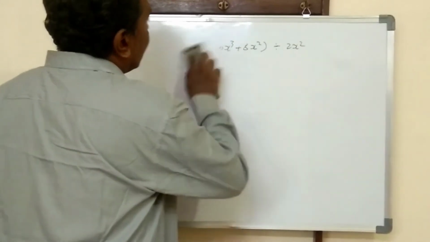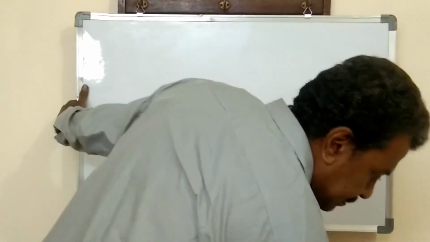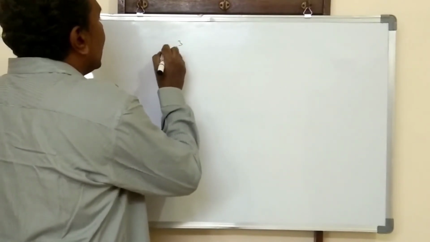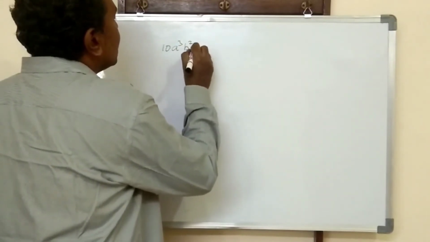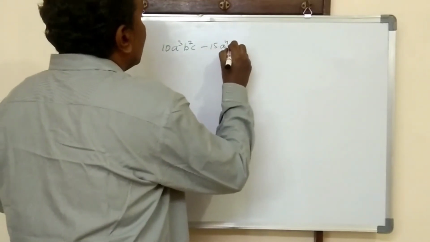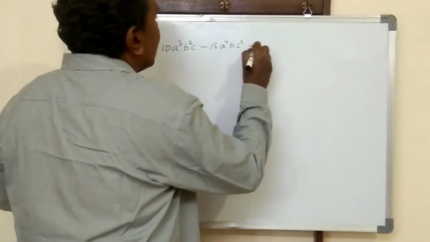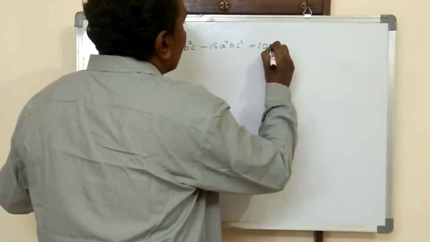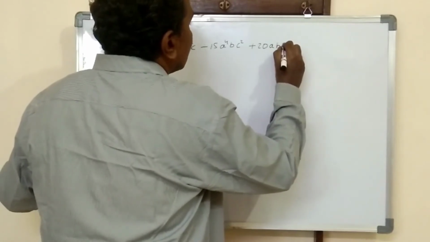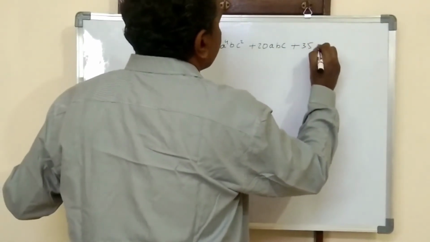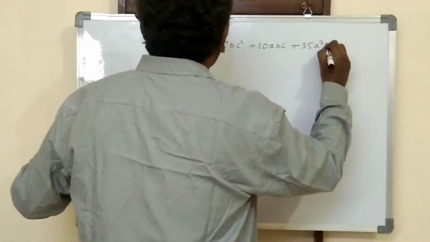Now we will take a polynomial containing more than 3 terms: 10a cube b square c minus 15a power 4 bc square plus 20abc plus 35a square b square.